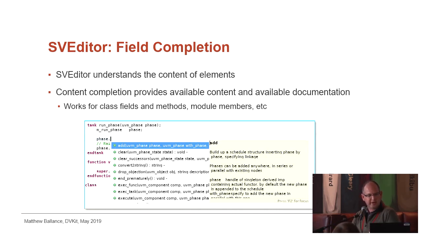What methods could I access? And of course, because this is all documented with Natural Docs, it can also pop up a doc tag and tell me a little bit more about the element that it's completing here. So this works both in a class context as well as in a design, a module context. So if you need to do hierarchical references into your design hierarchy, this can help you do those dotted references.